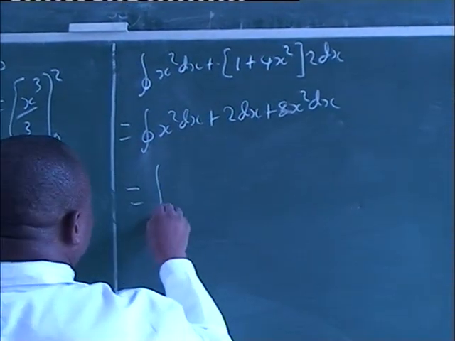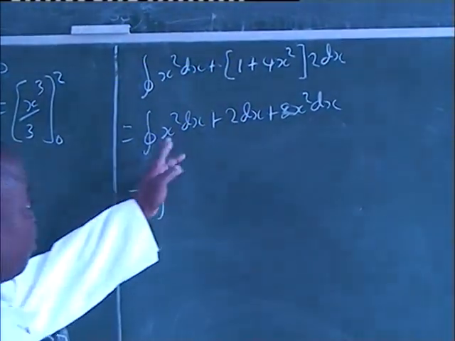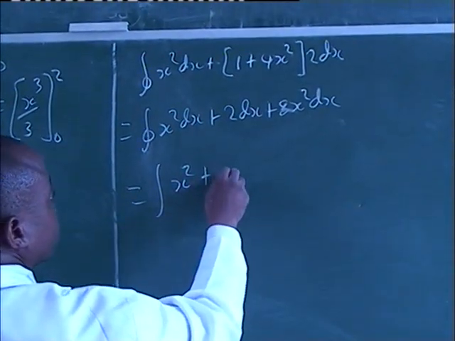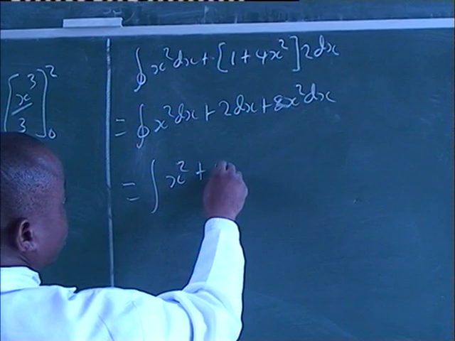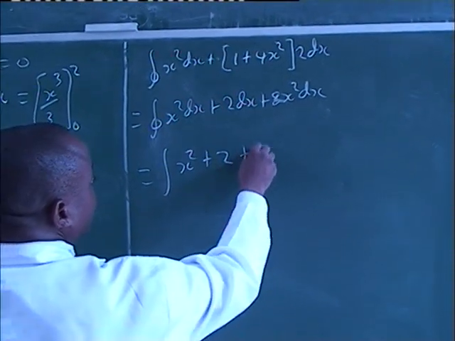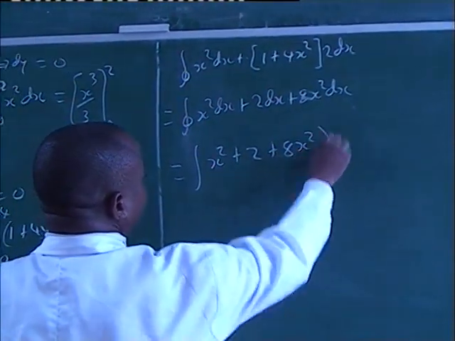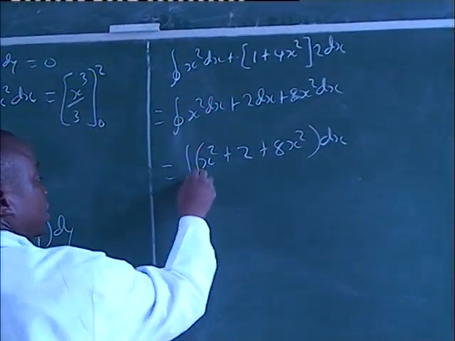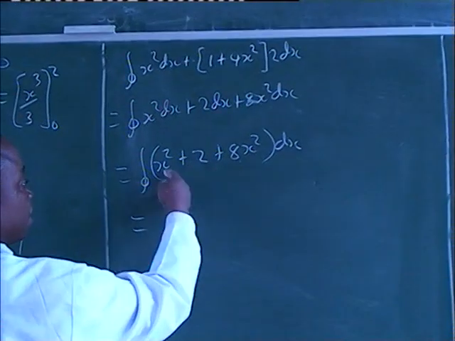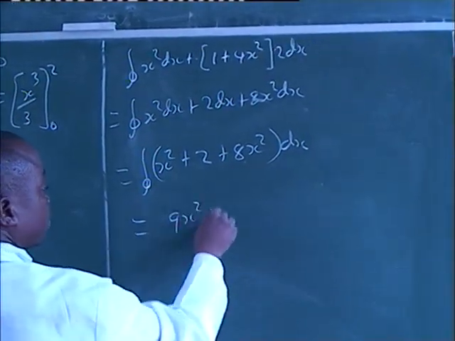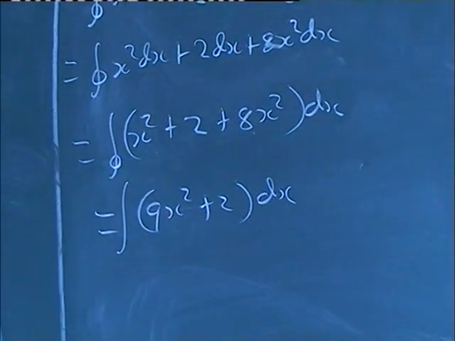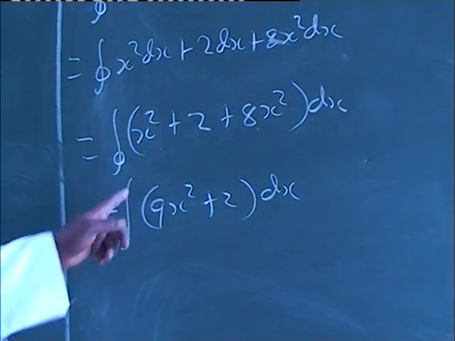If we factor this out, we can have x squared plus 2 plus 8x squared dx. Of course, this is the same as 9x squared plus 2, the integral of this with respect to x. So we will look at the limits.